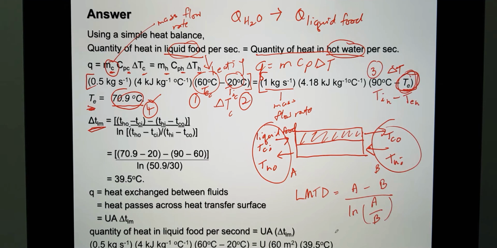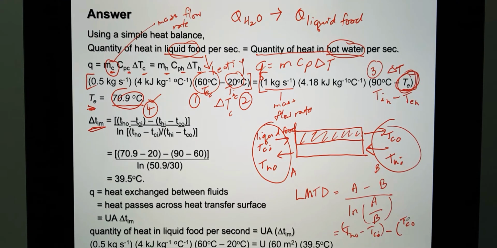So what happened here is A is TH out minus TCI. This one is for section A, minus B, where B is TC out.